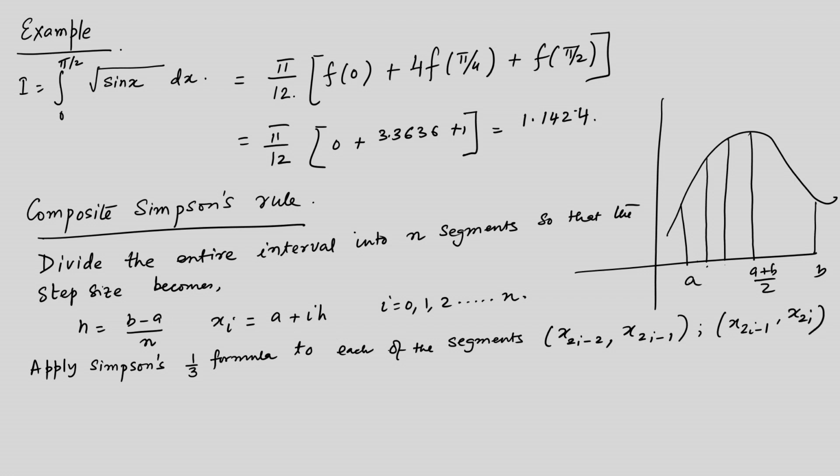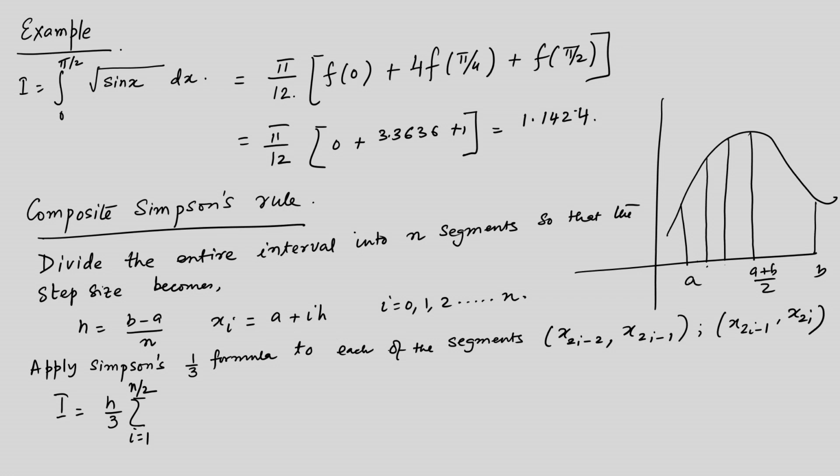The segments are x_{2i-2}, x_{2i-1}, and x_{2i-1}, x_{2i}, and so on. So, which allows us to write this as h over 3 sum over i equal to 1 to n by 2. If you have n divisions, you have n by 2 segments.